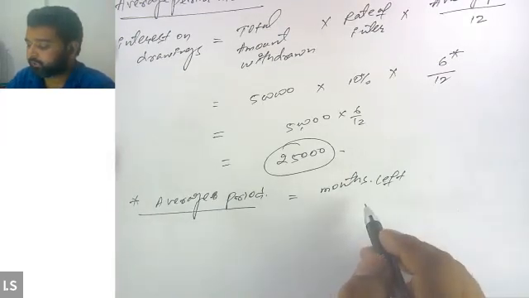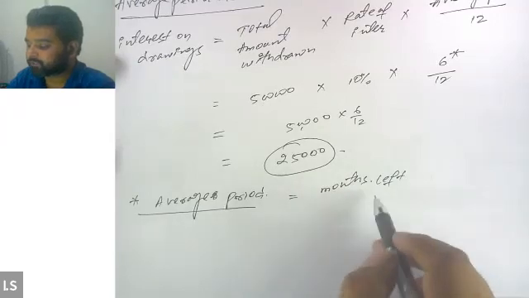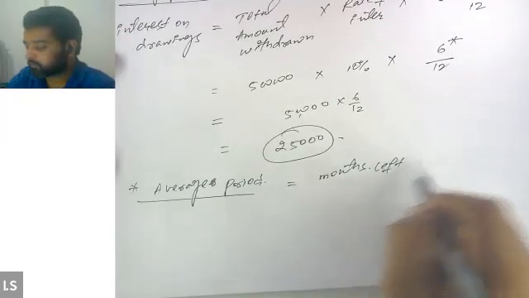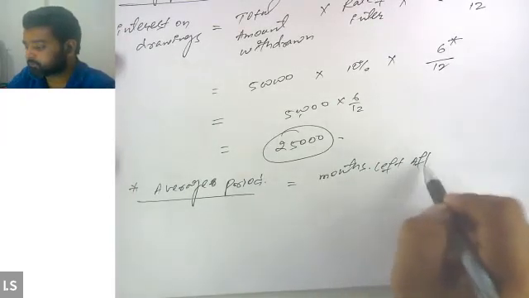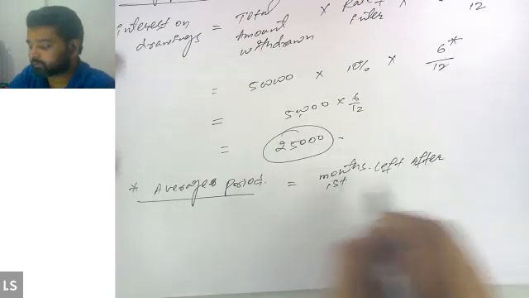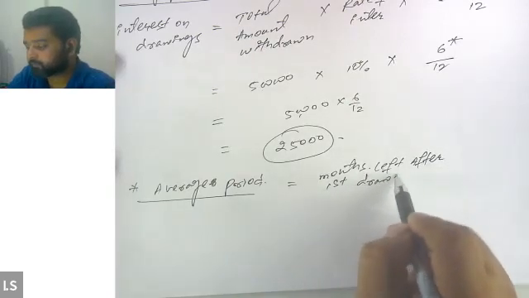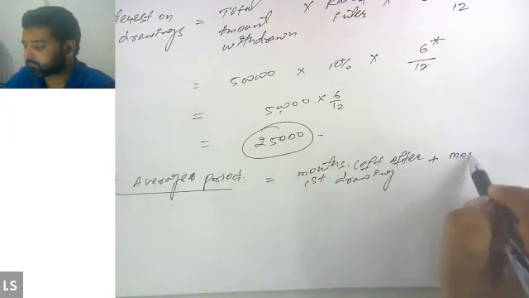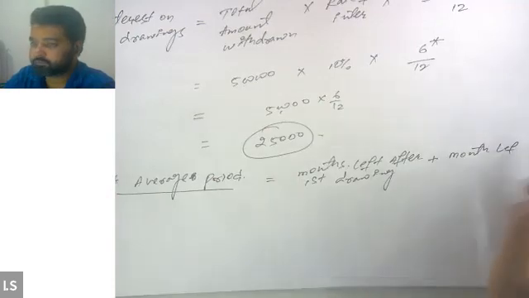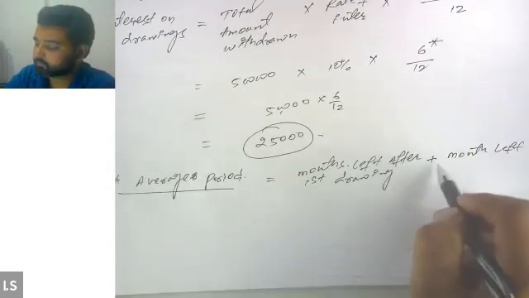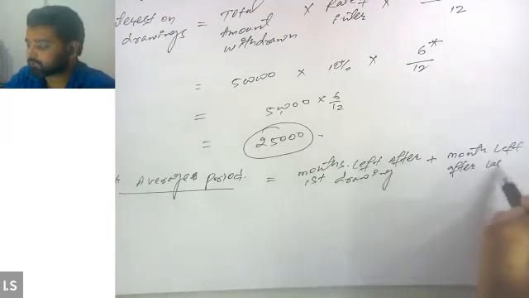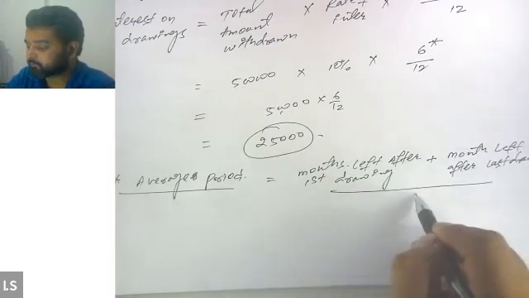The formula is: months left after first drawing plus months left after last drawing, divided by 2.